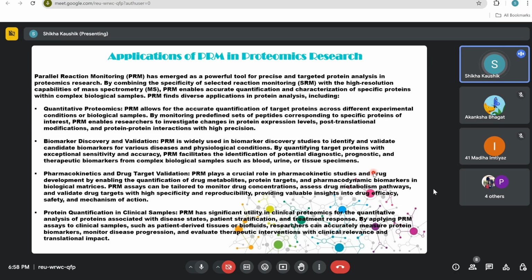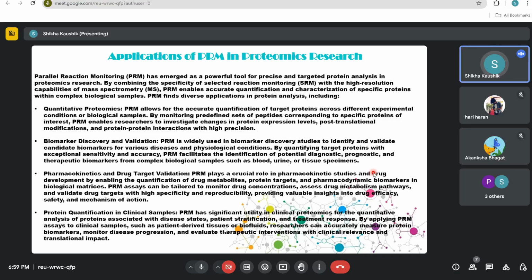So it makes it more, A, you're getting a detailed spectra, B, you can increase your reproducibility of data, right? So in patient-derived tissues or biofluids, researchers can accurately measure protein biomarkers, monitor disease progression, evaluate therapeutic intervention with clinical relevance and translational impact.